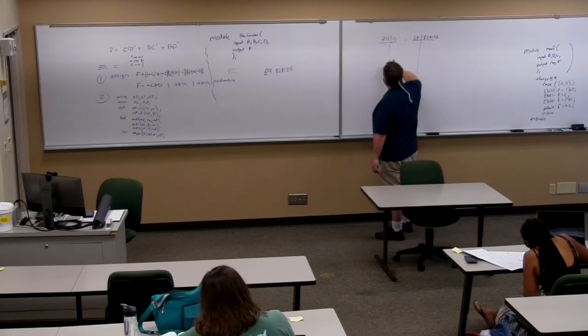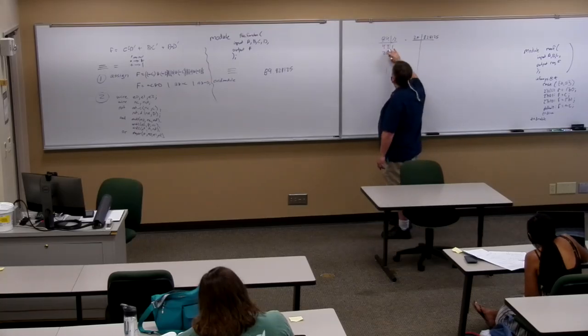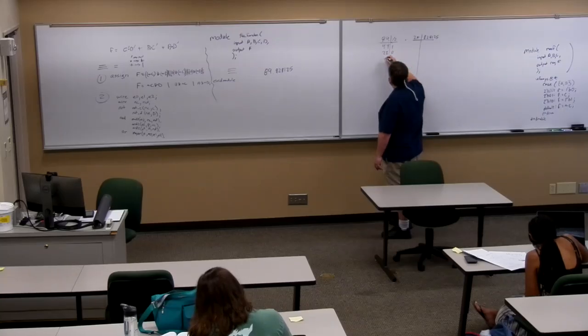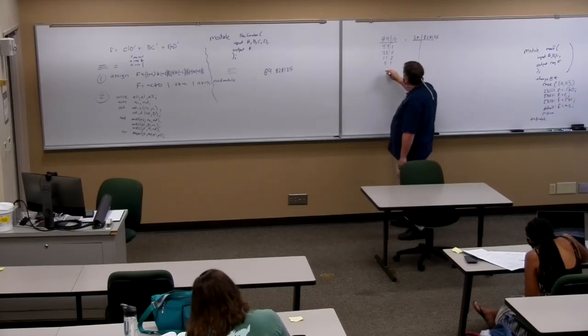All right, let's do this side. 89 divided by 2 gives me 44, carry a 1. That gives me 22, carry nothing. 11, carry nothing. 5, carry a 1. Gives me 2, carry a 1. 1, carry nothing. 0, carry 1.